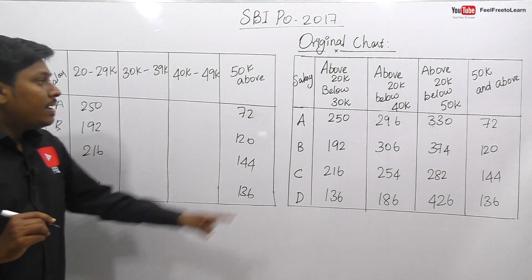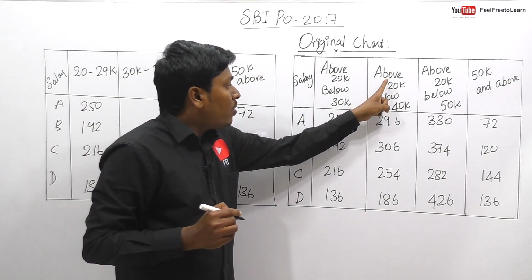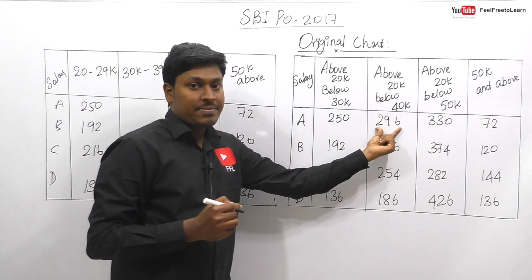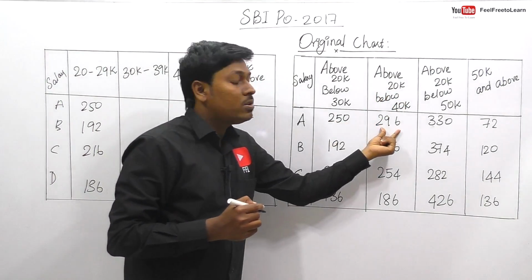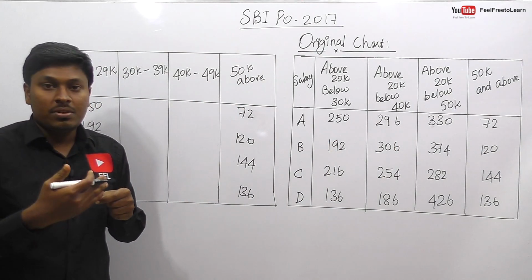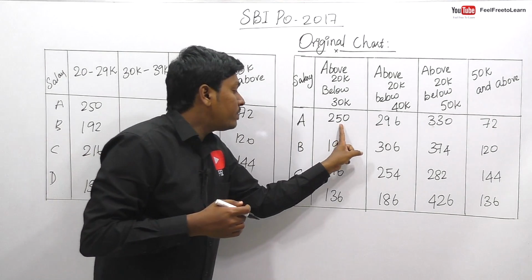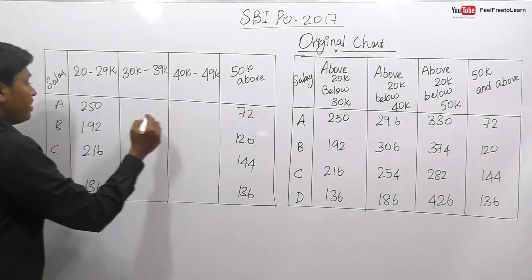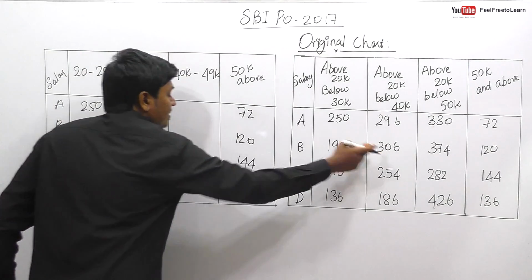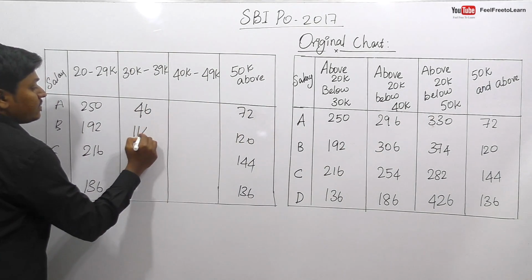Friends, listen here, in the second column, above 20,000, below 40,000. So inside this 296, we can surely say that 250 will also be there, because it is above 20,000, below 40,000. So friends, subtract this. 296 minus 250 will be 46, right? Next is 306 minus 192. So we can say that 114.